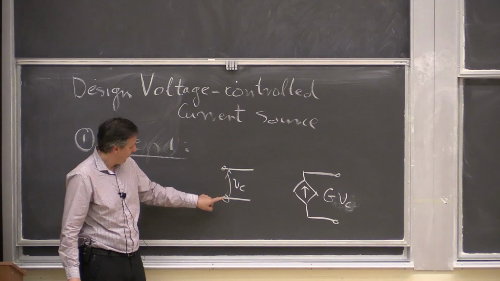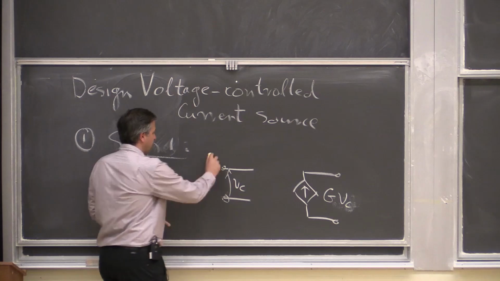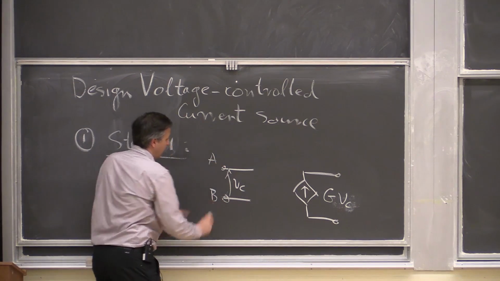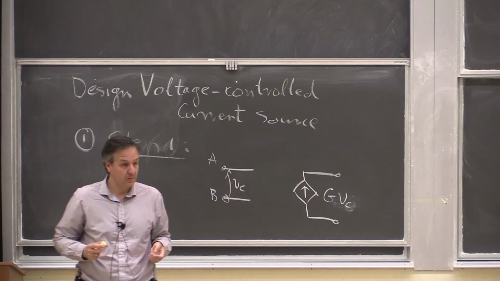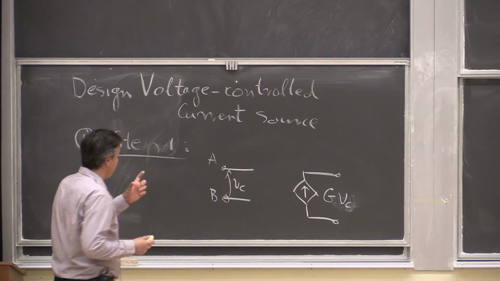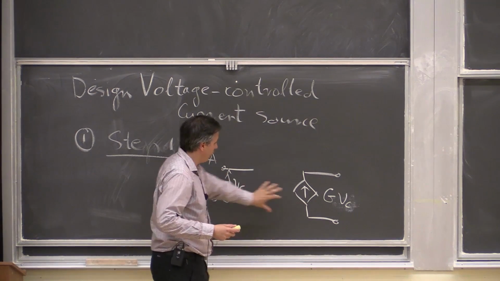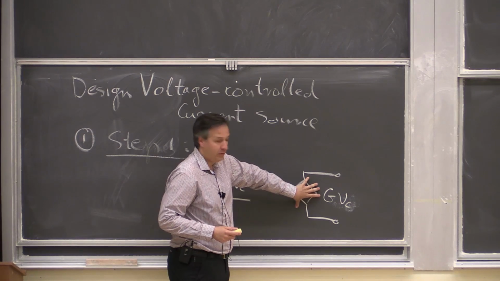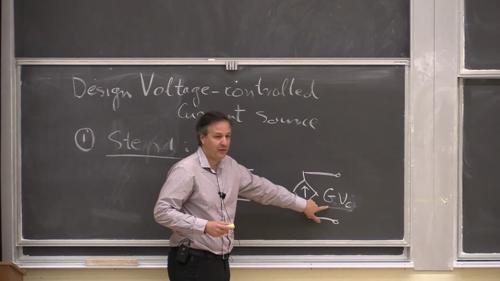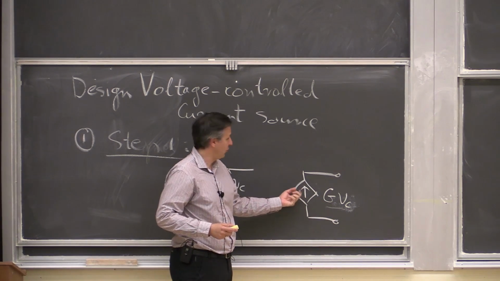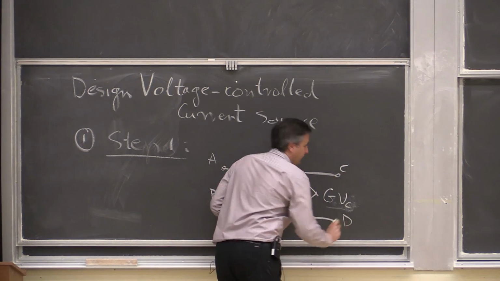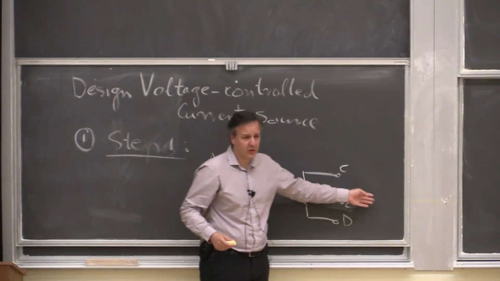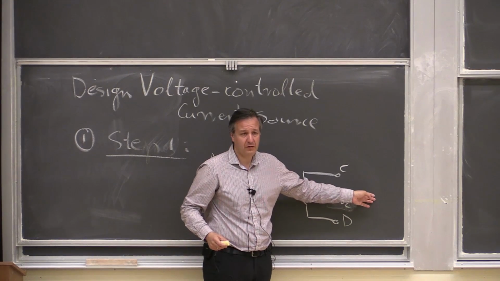Between these 2 points, let's call them A and B, it will measure the voltage VC. And based on that voltage, it will determine the amount of current that this controlled source pushes out of these terminals, C and D, regardless of what load is attached here, right?